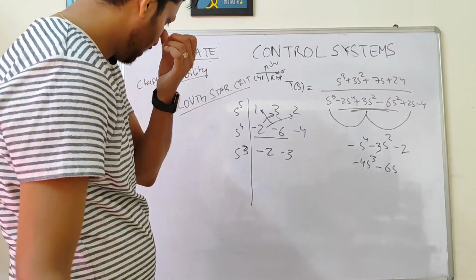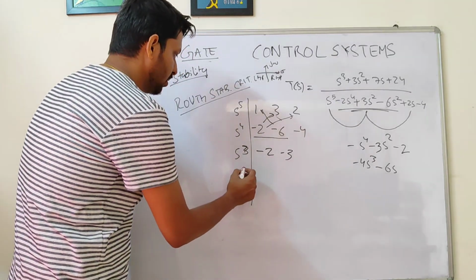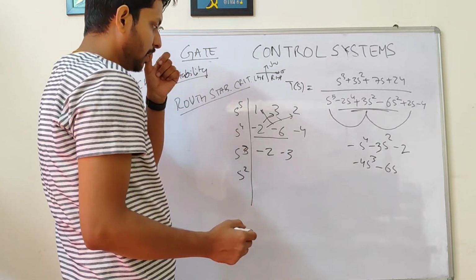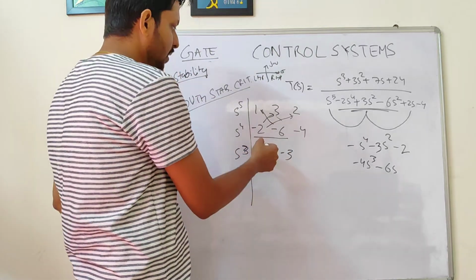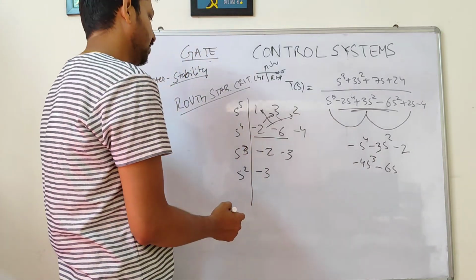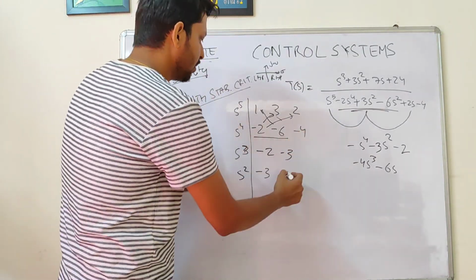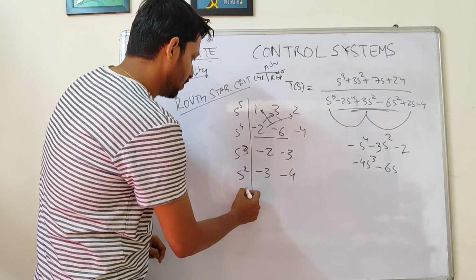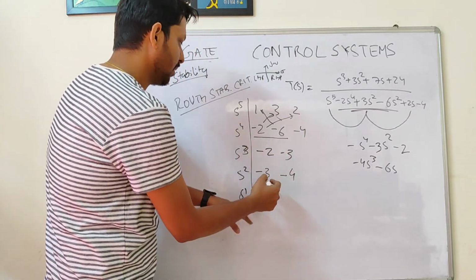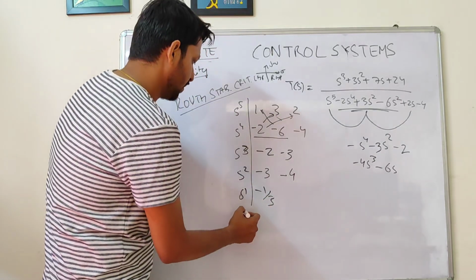Okay. Now we can continue building out this Routh table. This into this is 12 minus 6 divided by -2 minus 3. This into this will be -4. 9 minus 8 is 1 by -3, so -1 by 3.